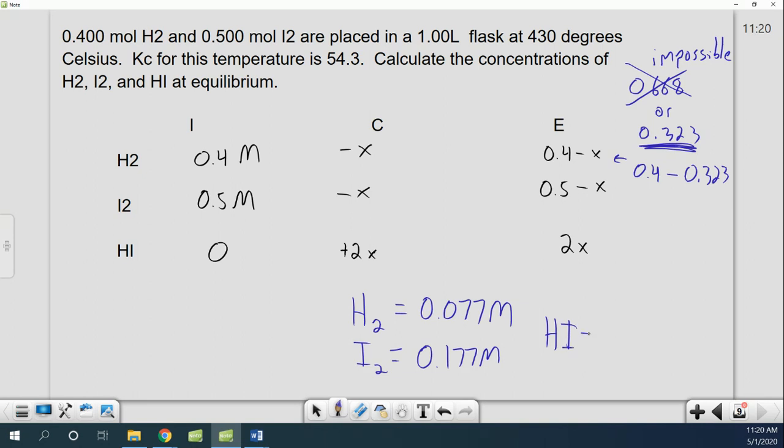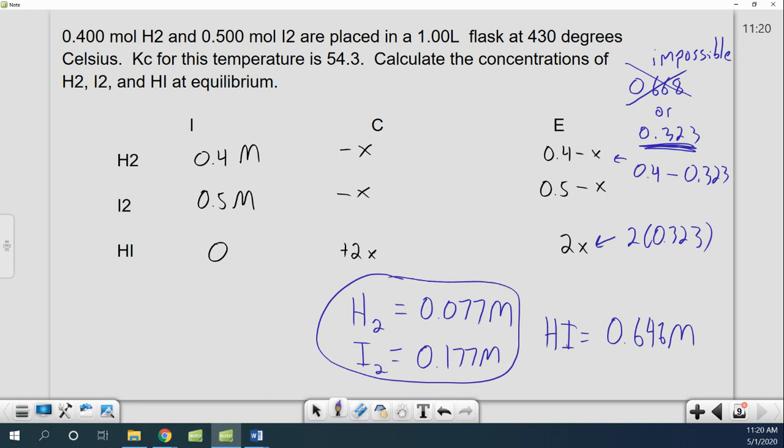And HI, well, it's just 2 times x. It's 2 times 0.323, 0.646 molar.